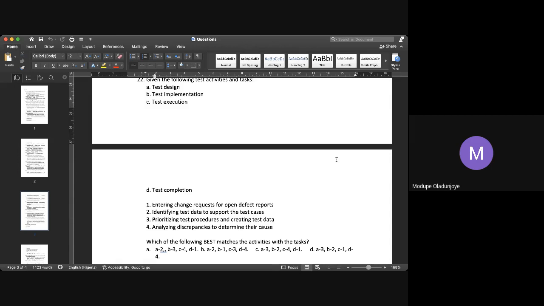The ones that failed, you analyze it, right, to determine why it failed. Do you agree with me? That's why I can reason with test execution being analyzing discrepancies to determine their cause.